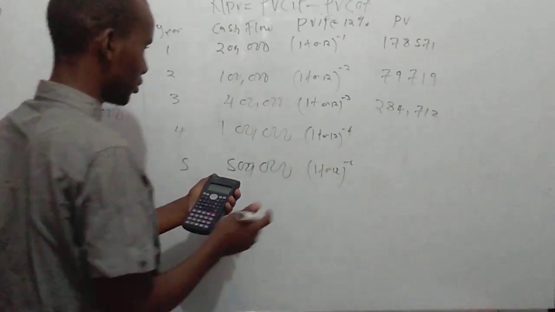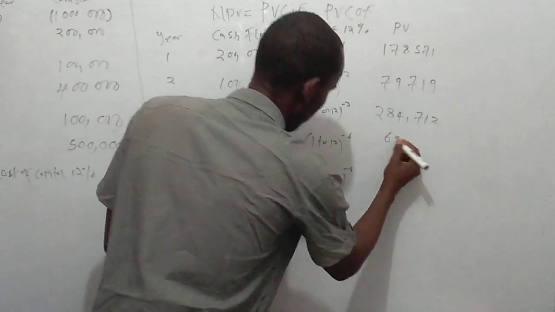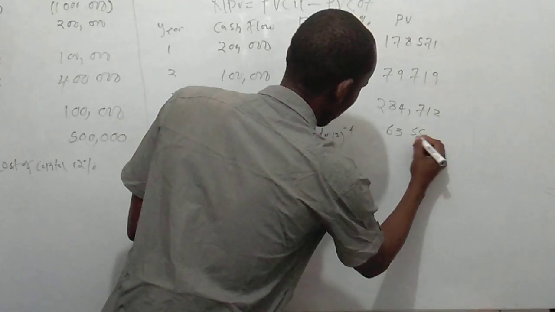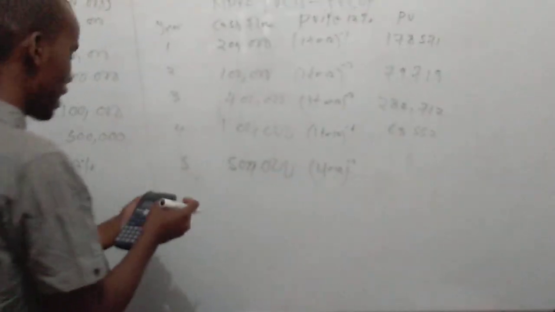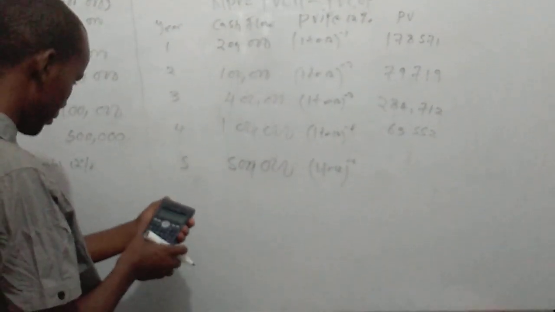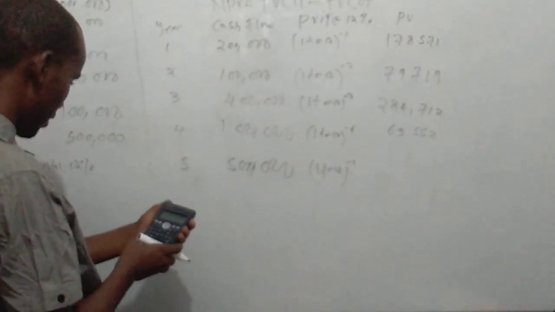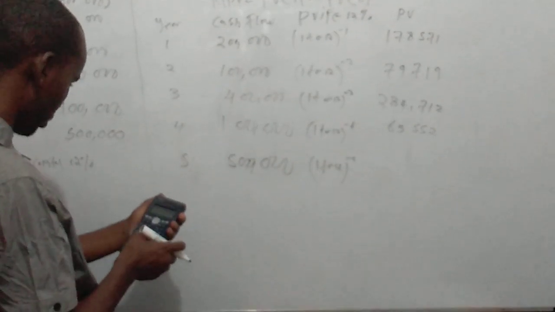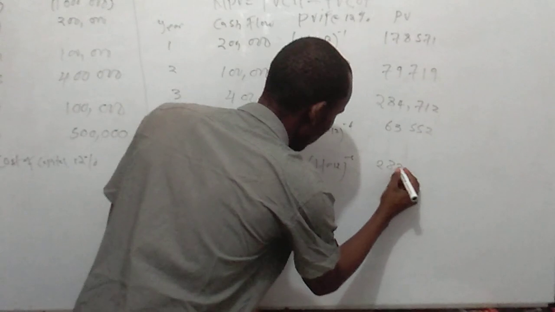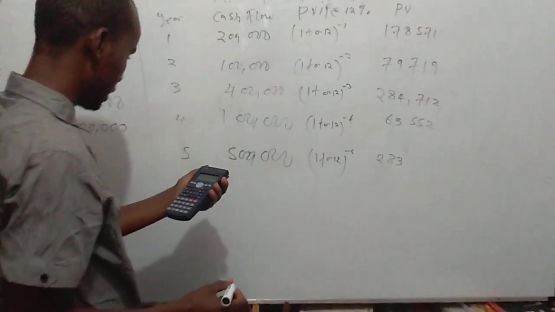I'm getting 63,552. Lastly, we have 1.12 raised to negative 5 multiplied by 500,000, getting 283,713.